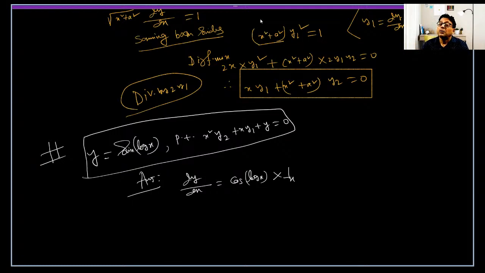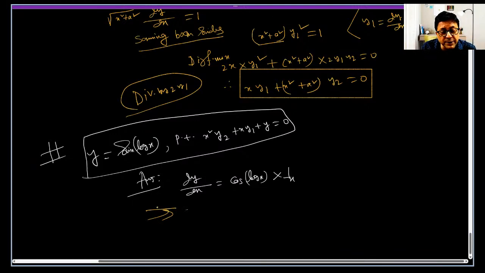Don't. What I told you in the previous sum, cross multiply, then differentiate. If required, you make square and then differentiate. So what you do here, you just cross multiply: x dy by dx equal to cos of log x. Alright?